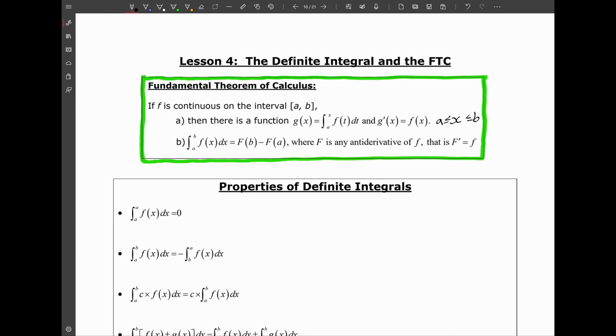Part B states that the integral from a to b of f of x dx is just equal to the antiderivative at b minus the antiderivative at a, where F is any antiderivative of the original function.